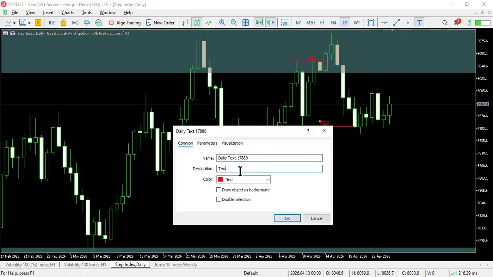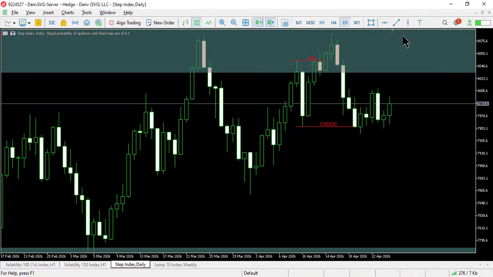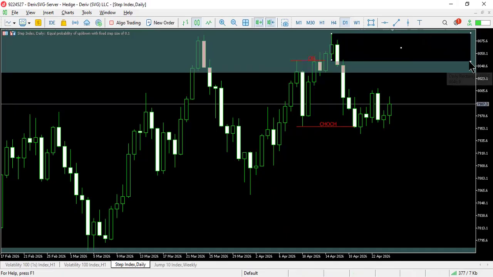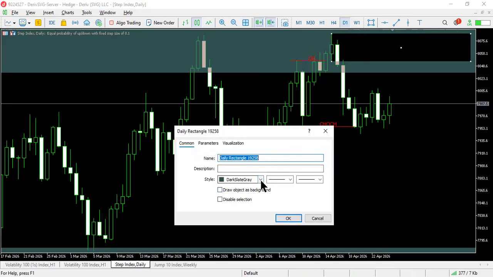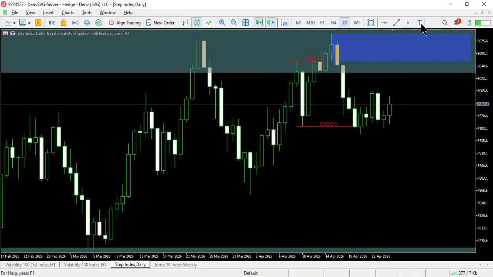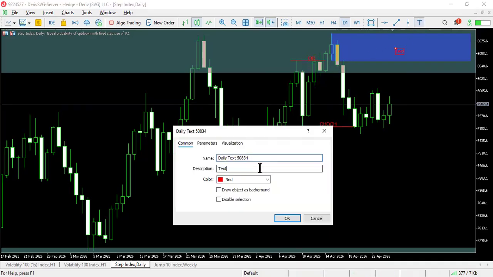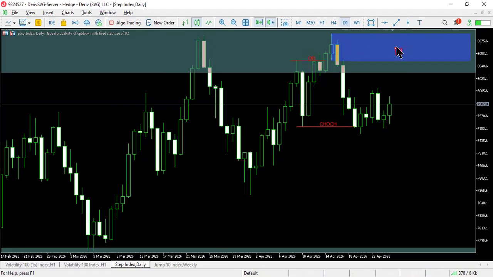So we have a change of character. And then the order block which caused the change of character, it is that order block right there. This is the order block which caused the change of character.